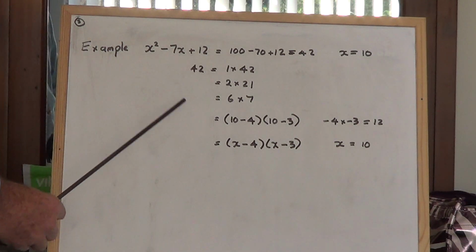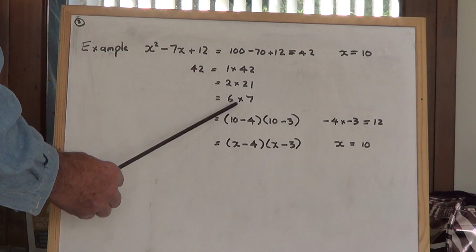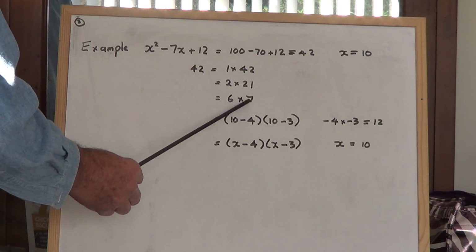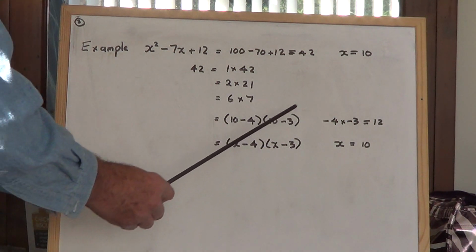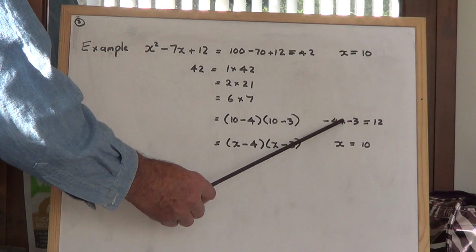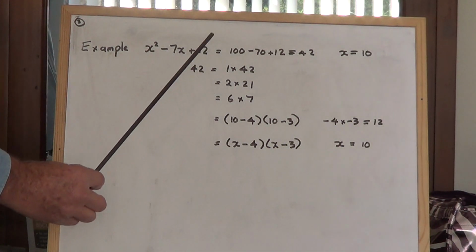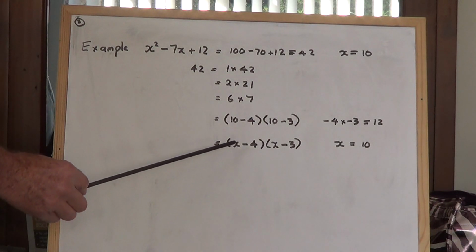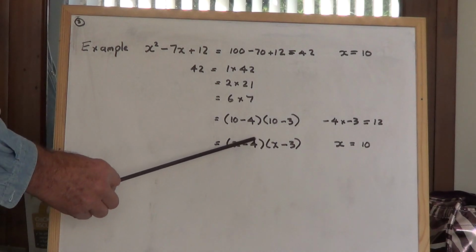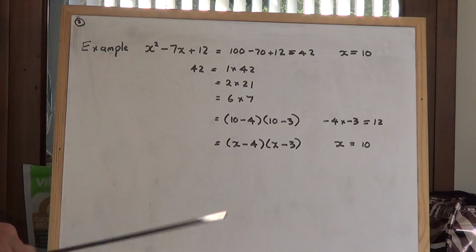That looks to be the most promising one. 6 is equal to 10 minus 4, and 7 is equal to 10 minus 3, and minus 4 multiplied by minus 3 is 12. We've got 12 there, so we've got a match. So the factorised version is x minus 4, x minus 3.